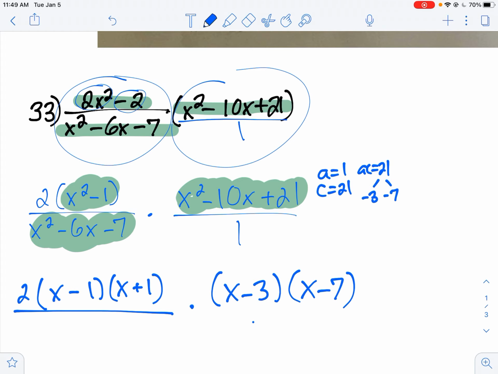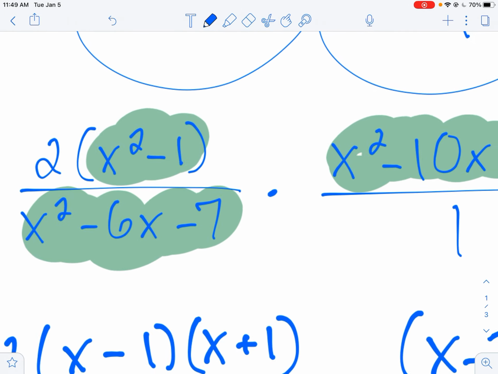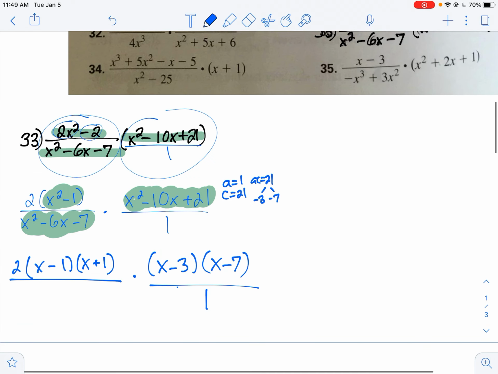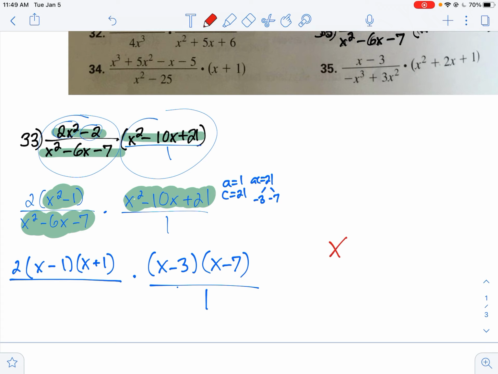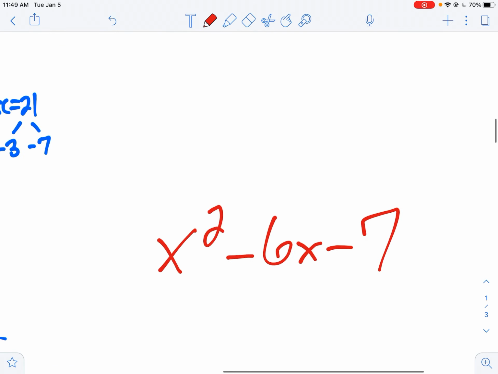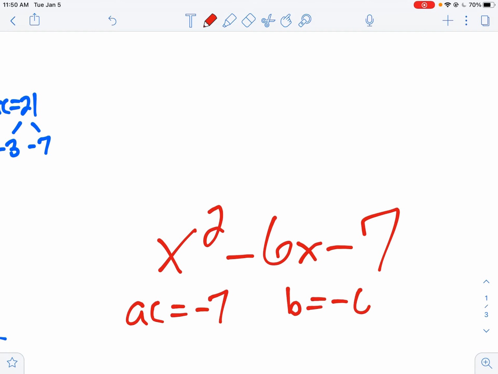All right. Now I just have one more polynomial to factor: x squared minus 6x minus 7. I'll use the box method for this one, just to give you some practice. Again, a times c: there's nothing for a, so I can just assume 1. A times c gives me negative 7, and b equals negative 6.